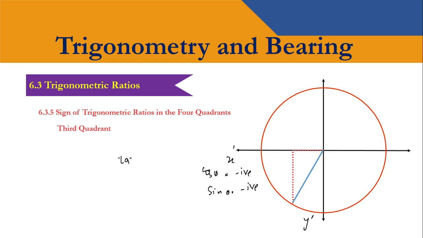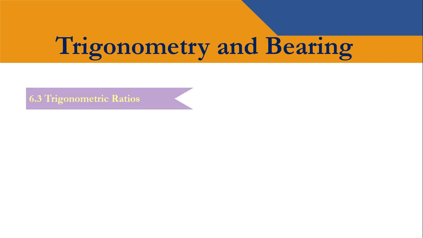But as you know, tan theta is equal to y divided by x, so negative y over negative x, both negatives cancel each other, and tan theta is positive in the third quadrant. So the similar behavior applies for their reciprocals. Here cosecant theta is negative, secant theta is negative, and cotangent theta is positive, as tan theta is positive here.